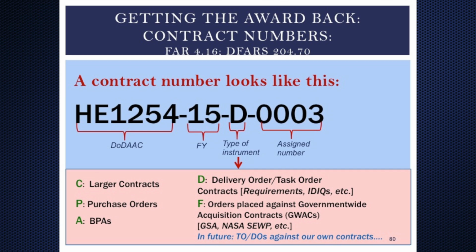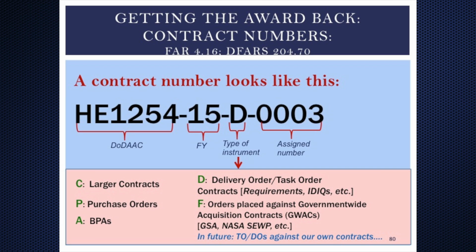The first part is the DODAC, and it's always going to be HE1254. There was a time when we had different DODACs according to geography: Americas was HE1256, Pacific was HE1260, and Europe was HE1280.